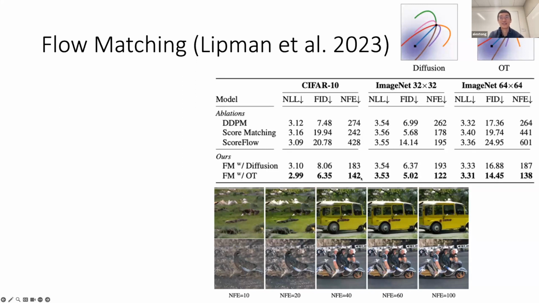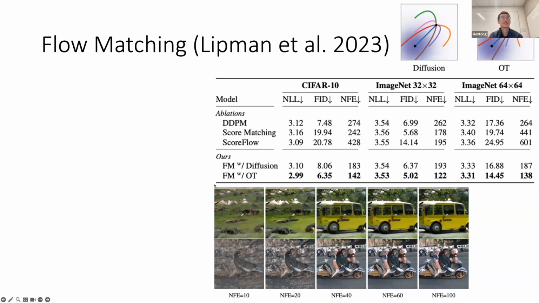I think the number of function evaluations is better, but of course these are not the best diffusion models out there. They're pretty good. There could be more tricks to implement that improve both models, but at least they're not out of the range of diffusion models for sure.